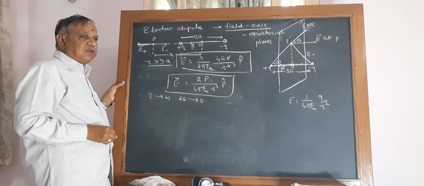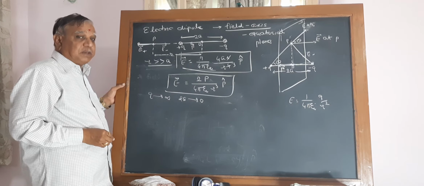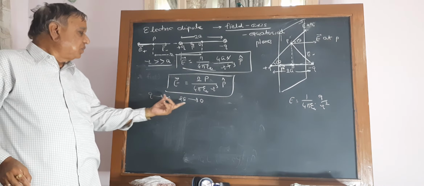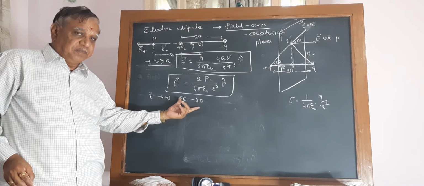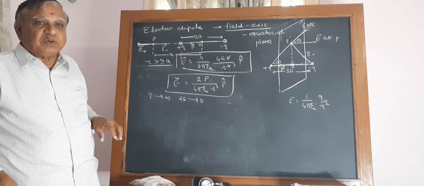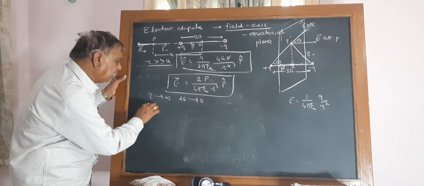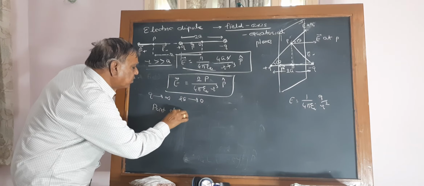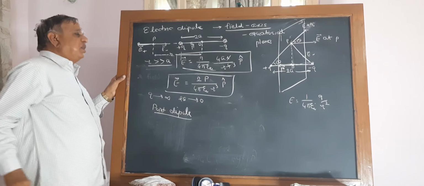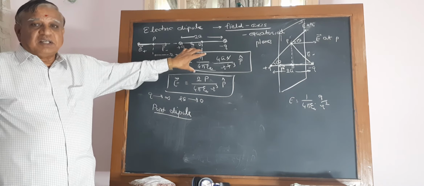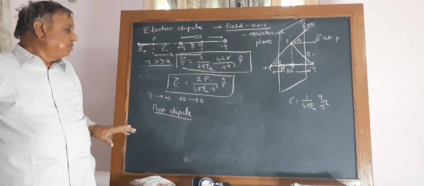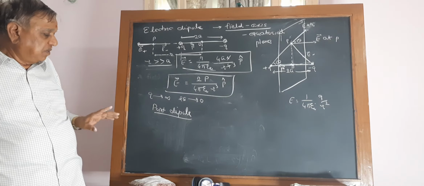Then that dipole is known as a point dipole. Q tends to infinity, 2a tends to 0, then that dipole is known as a point dipole. And this equation is exactly true for the point dipole.